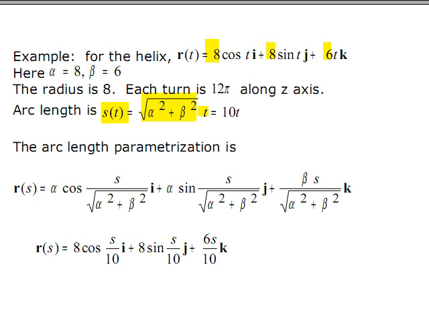So we have s equals 10t for this particular helix. So t equals s over 10, and that's what we substitute in, and you can see those terms right here. So t gets replaced by s divided by 10. And now this is the arc length parameterization for a helix with a radius of 8 and a beta of 6.